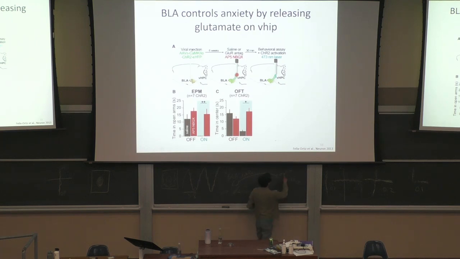So now this glutamatergic transmission is kind of impaired in the ventral hippocampus. And in that situation, if you excite this projection, you don't get this increase in anxiety. So they also showed that not only is the projection modulating anxiety, but it's modulating through this specific neurotransmitter.